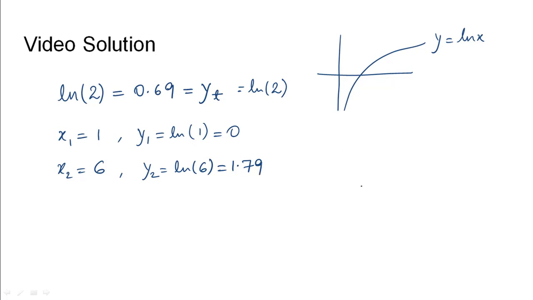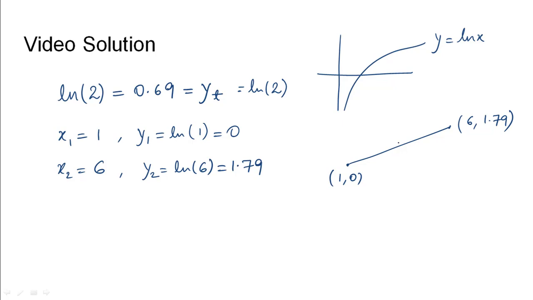The question asks us to linearly approximate between these 2 points. So let us say the first point is (1, 0), and the second point is somewhere here, which is (6, 1.79).